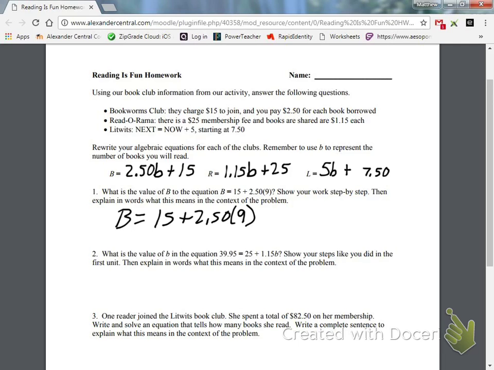Anybody? The little b we had over here stands for number of books. Okay, well, let's solve it first. Maybe that'll make it a little easier to figure out what we're doing. So that's the next thing it wants us to do, is to solve this. And solve is more in our wheelhouse. So we do 250 times 9, which is what?